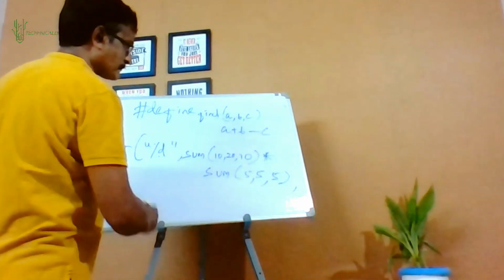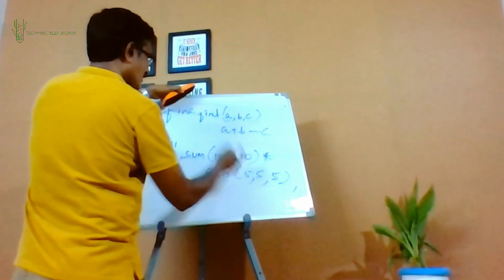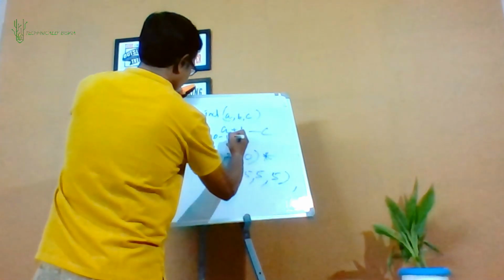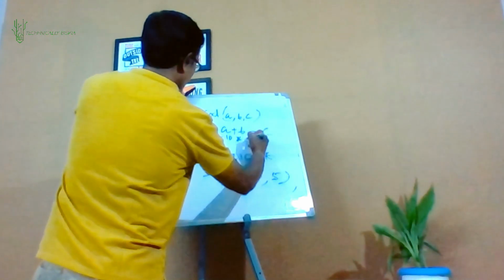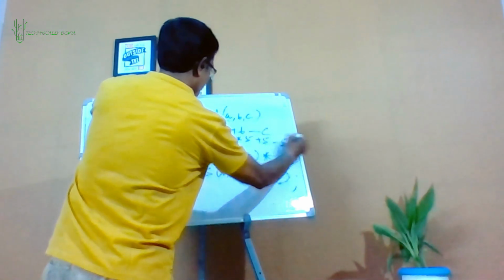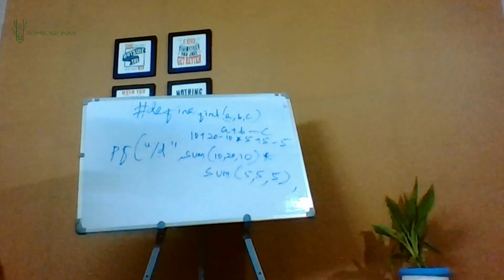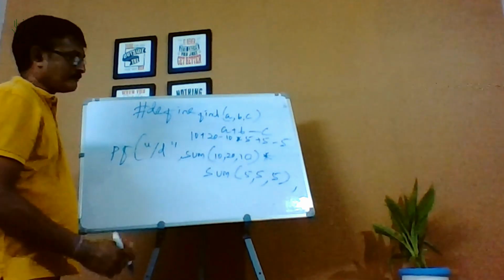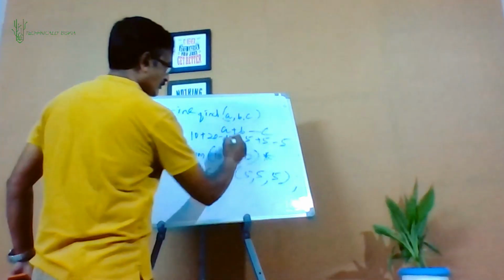Okay. Now let's do the expansion. What is the expansion of this whole thing? 10 plus 20 minus 10 into 5 plus 5 minus 5. Isn't it? Now look at this statement and tell me what will happen. First replacement, first calculation will be 10 into 5.